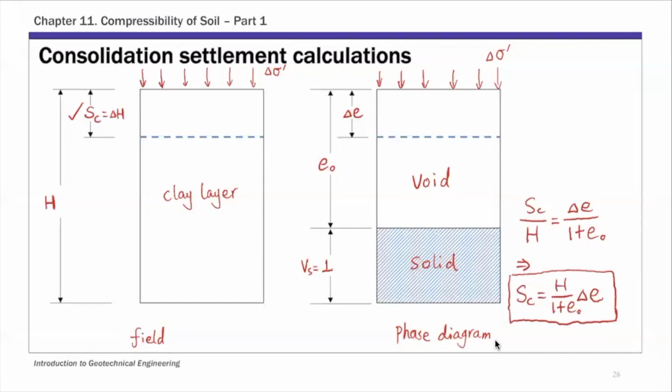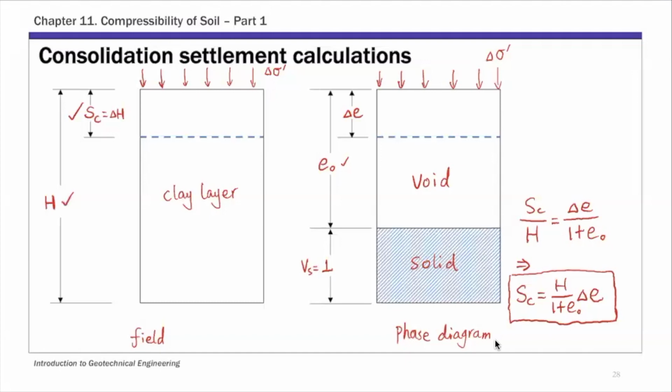In this last equation here, H is the initial height of the clay layer. And e0 is the initial void ratio. And delta e is the change in void ratio due to the added loading. So the key is really to find this delta e.